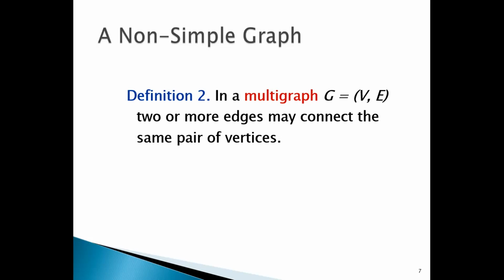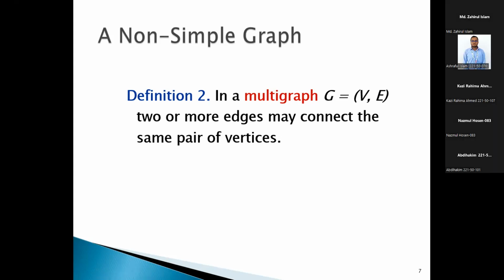See, a non-simple graph example is known as the multigraph. The previous one was the simple graph, just a normal graph. But a multigraph is also a graph which has a function G with input of V and E. That means this graph also has some vertices and edges, nodes and edges. But there is a condition that two or more edges may connect the same pair of vertices.